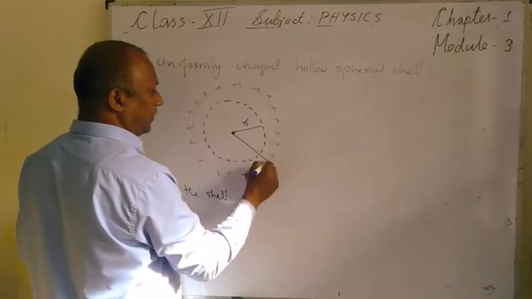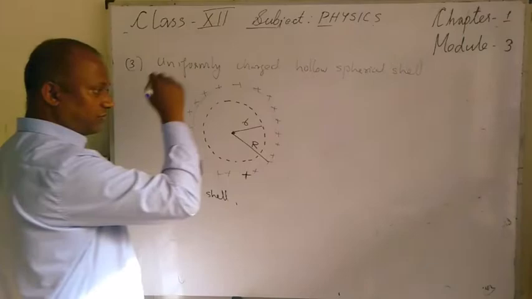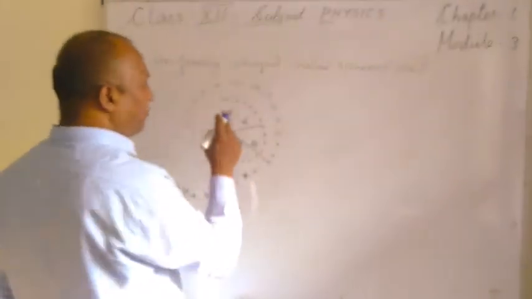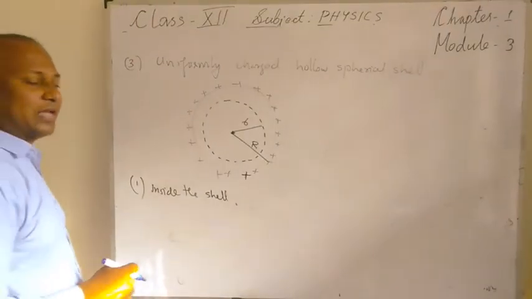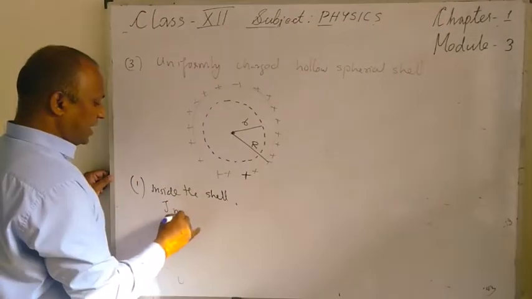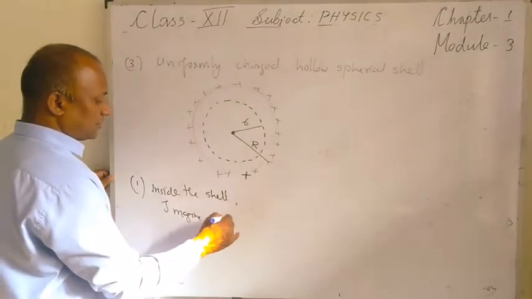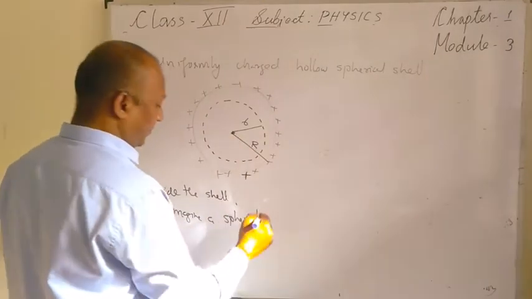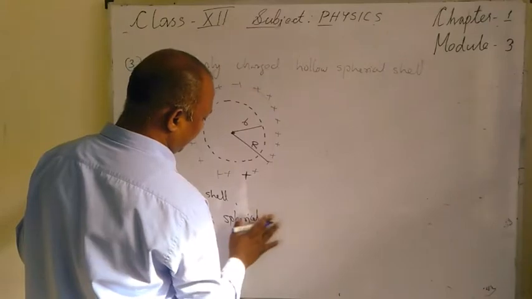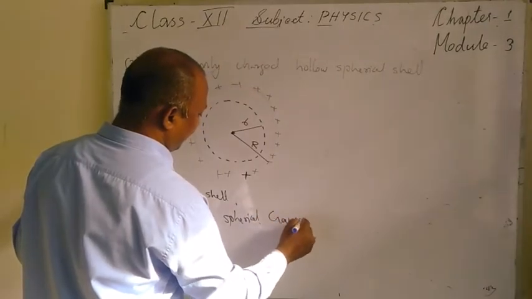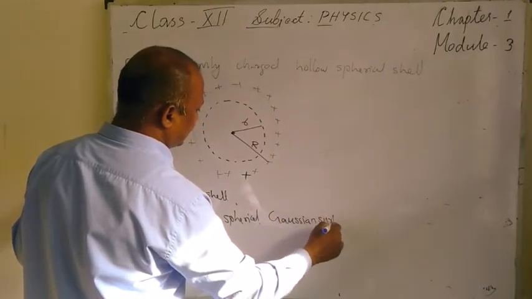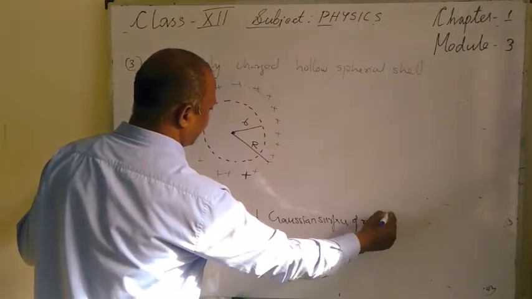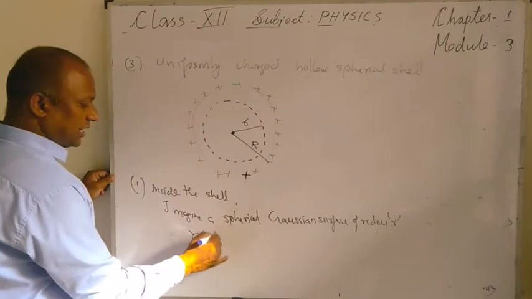Let me assign some variables. For the actual sphere the radius is capital R, and the Gaussian surface is imaginary. So imagine a spherical Gaussian surface, because both have symmetry, of radius small r. So here r is less than R.